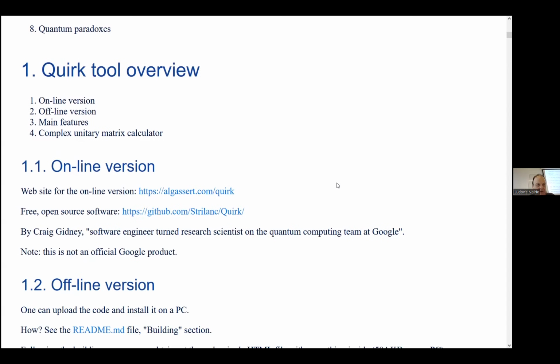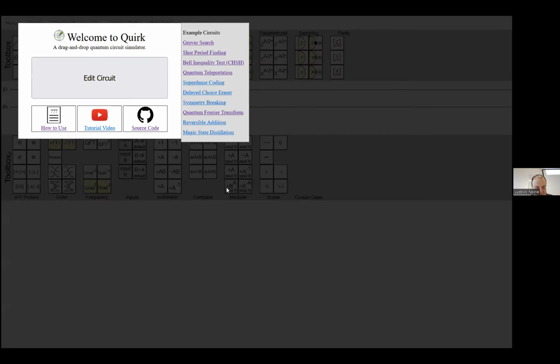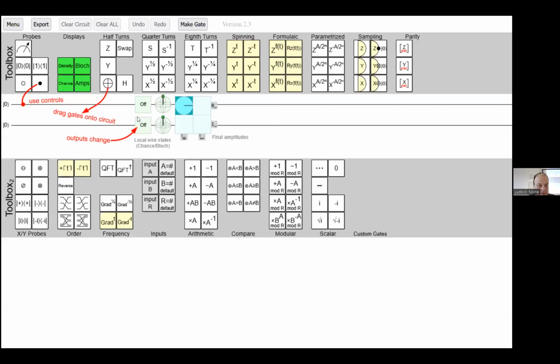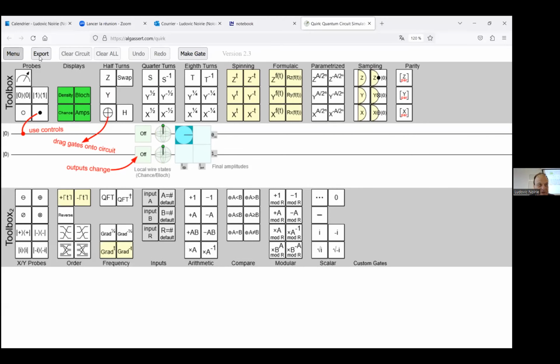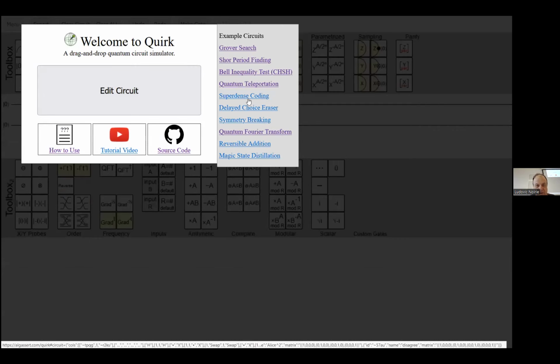So the quick overview of the tool. The tool is available online. So this is the link. If I switch, first you see that there is this welcome page, and you see that there are some circuits that are pre-encoded in the website.